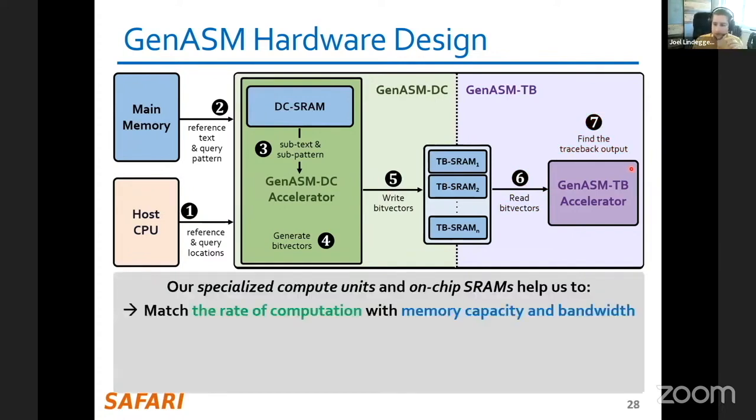What's interesting here, and this is the key benefit of making this a hardware-algorithm co-design, is that we can match computation with bandwidth. If you consider a CPU, for example, a CPU has a fixed amount of memory bandwidth for a given DRAM configuration, and it has a fixed amount of computation.